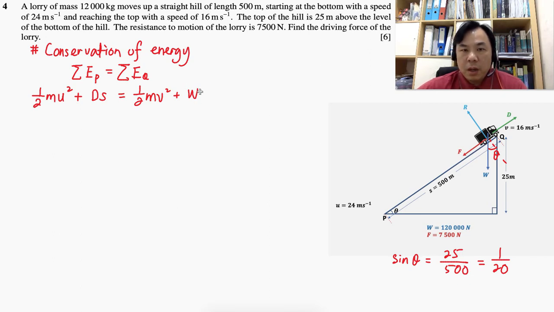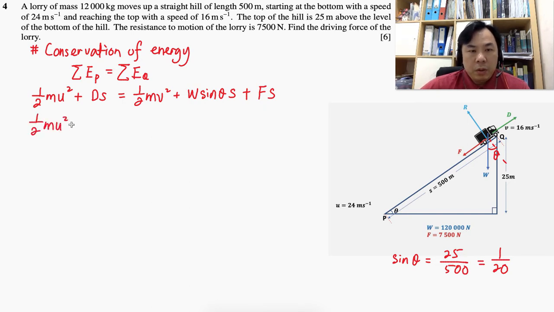So this is the work done against gravity, which is W sine theta multiplied by the distance travelled, and there's also work done against the resistive force here. Now I can rewrite this again, I don't want you to be confused here. Now we have a driving force. Yes, these are all the same.